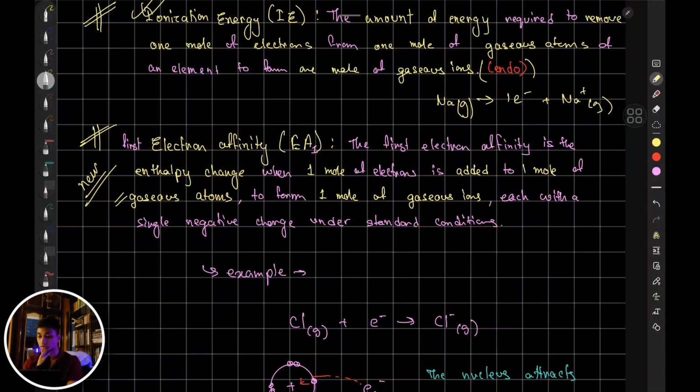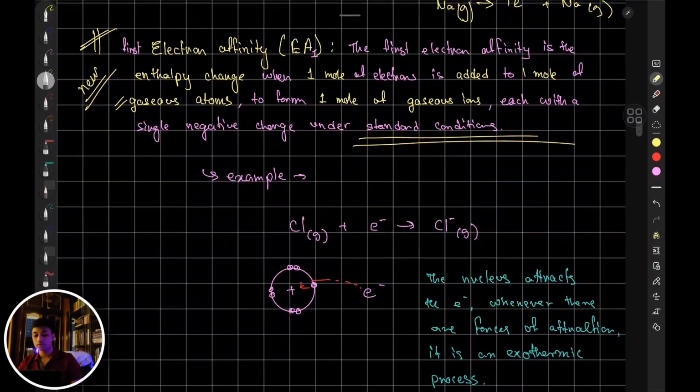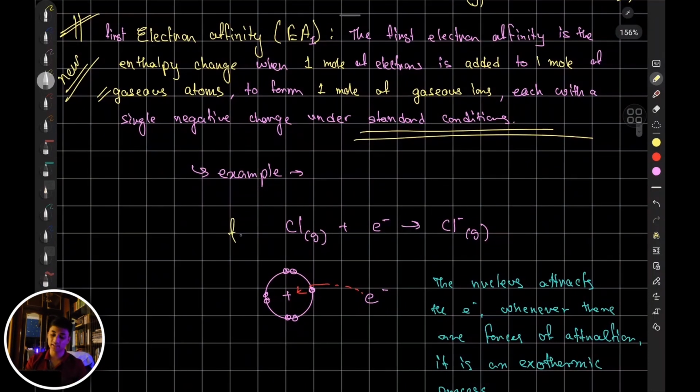Okay. So again, it is the enthalpy change when 1 mole of electron is added to 1 mole of gaseous atoms to form 1 mole of gaseous ions, each with a single negative charge, under standard conditions. So this is called first electron affinity, first EA.